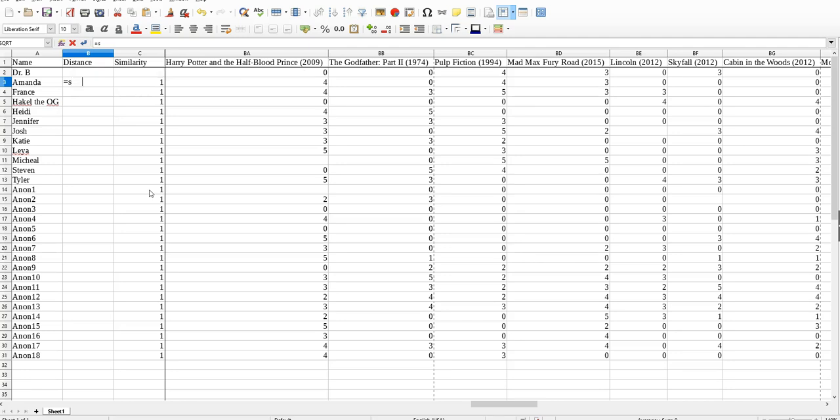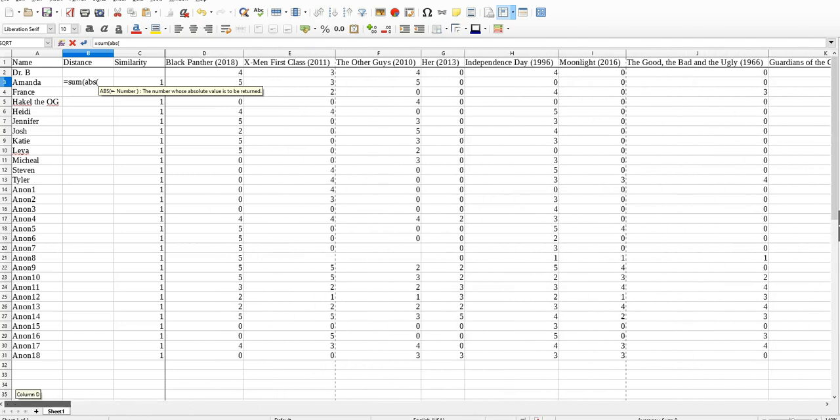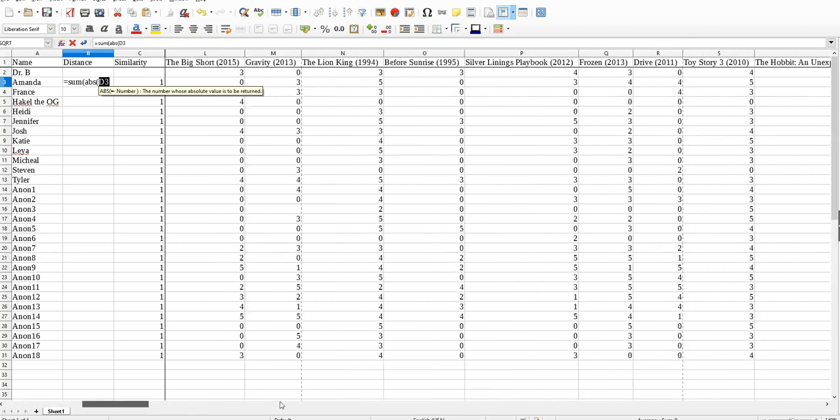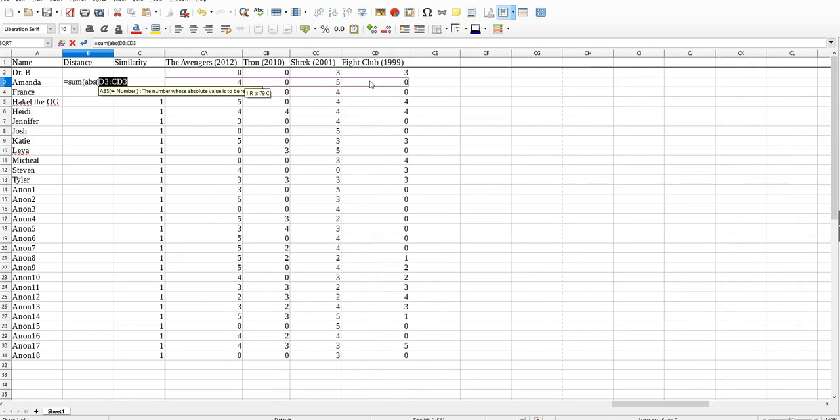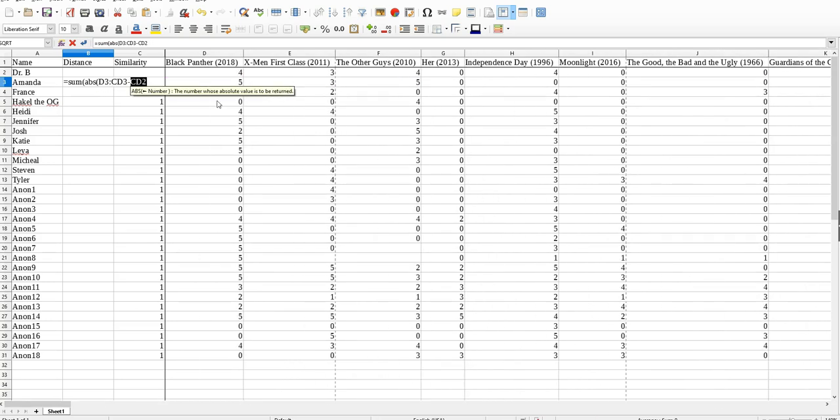So this is going to be the sum of the absolute value of the difference between these. So I'm going to take all of Amanda's ratings minus all of my ratings.